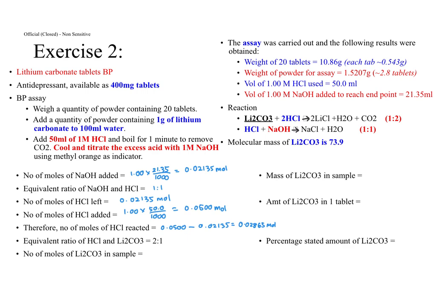So the number of moles of lithium carbonate in the sample would be the number of moles of HCl divided by 2. Now we can determine the mass of lithium carbonate by taking the number of moles times the MR.